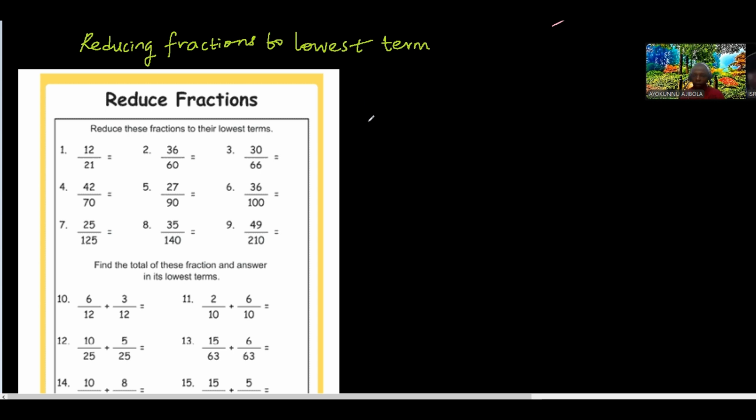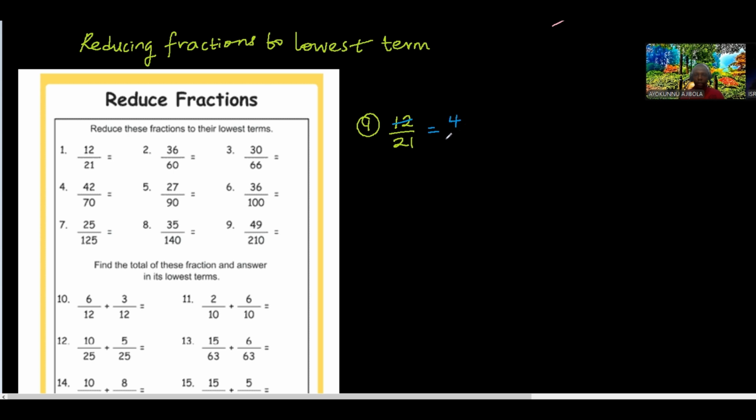Okay. So the first one, number one, 12 over 21. When you have been asked to reduce it to lowest term, it means look for a number that can divide 12 and that can divide 21. What number could that be? That should be 3. How many 3 can go in 12?